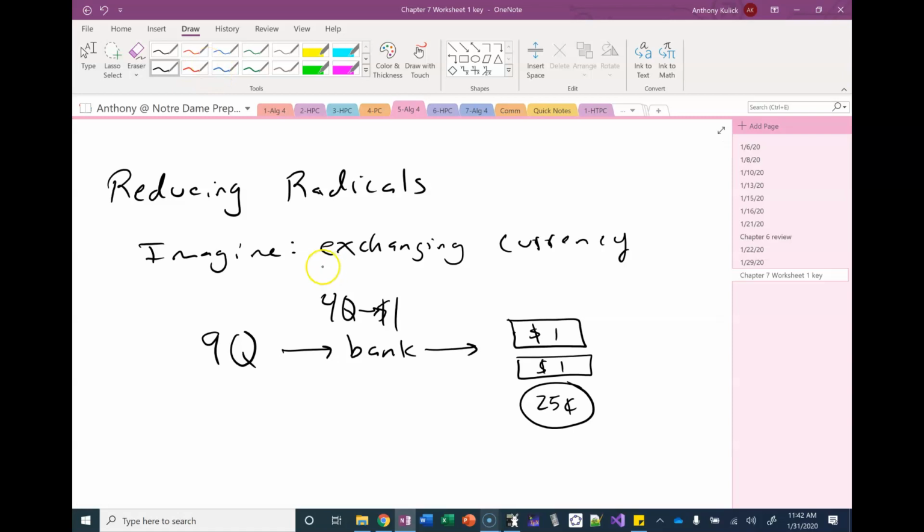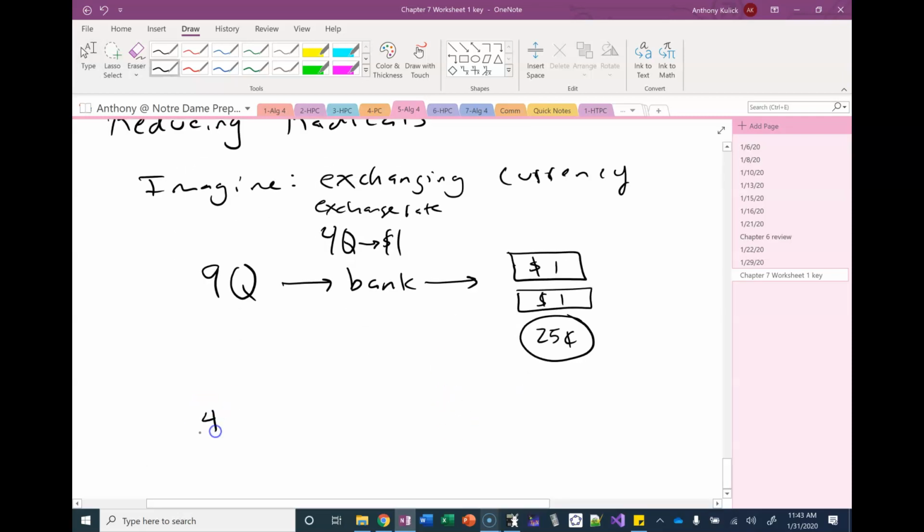We call this an exchange rate. Everybody okay with this idea? This should feel like elementary school math, right? Where we're just talking about exchanging coins for dollar bills and stuff.